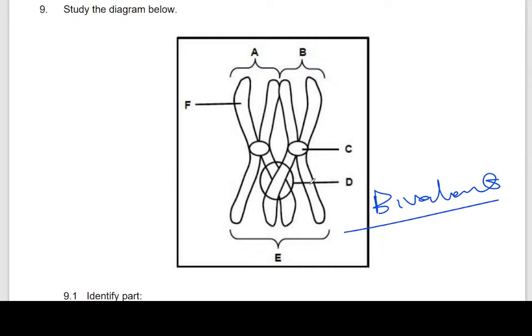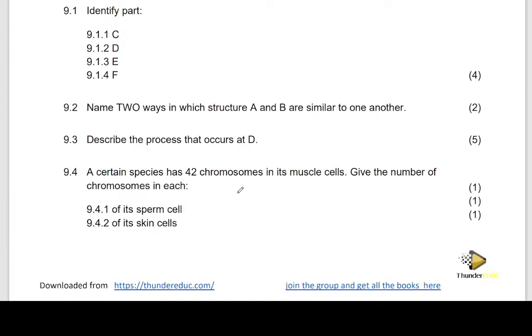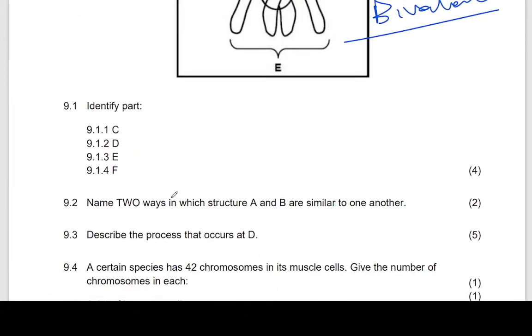And then this is the crossing over, the chiasma. This is the centromere, and then this is a chromosome, just a normal chromosome, and then this is a chromatid. So I think we have identified all the parts.